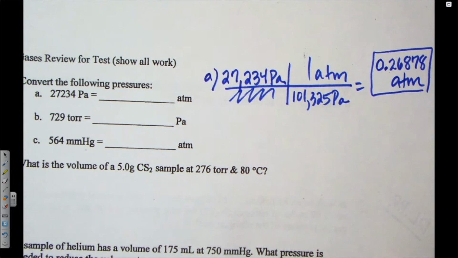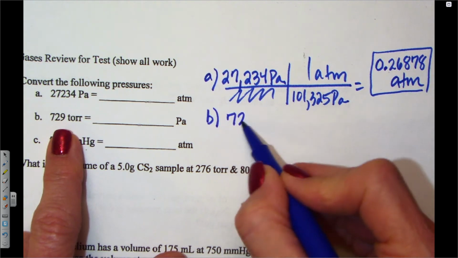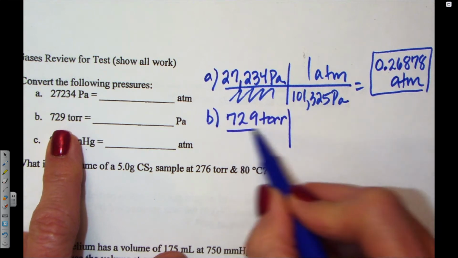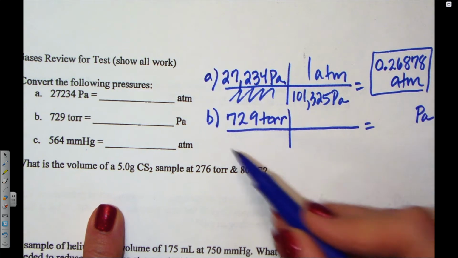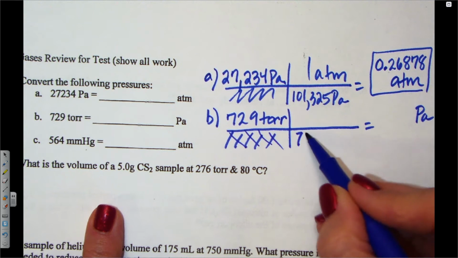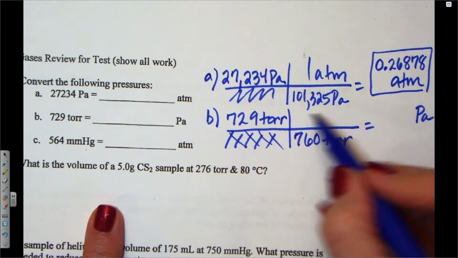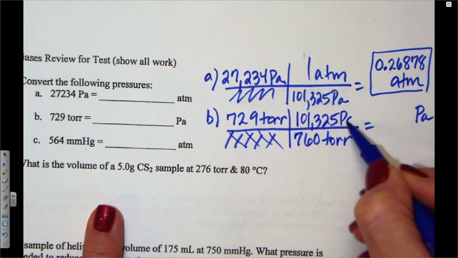For B, we were converting 729 torr, and we're going to Pascal in this problem, our SI unit of pressure. So we need torr on bottom, so we know that 760 torr is equivalent to 101,325 Pascal.